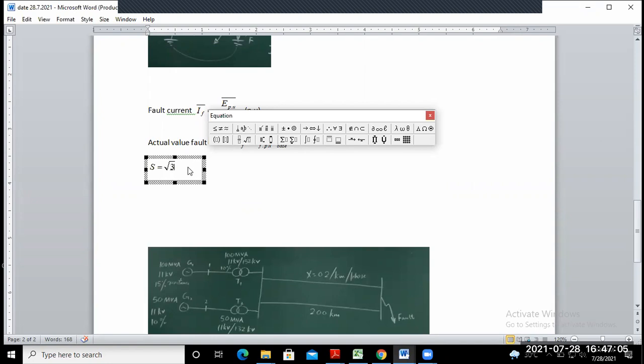Most probably your 3-phase system is given in line voltage, so maybe choose this one. Complex power equals root 3 into V_L I_L.